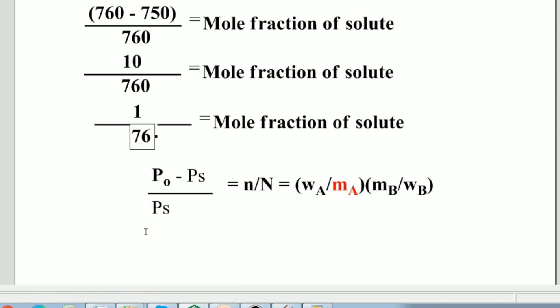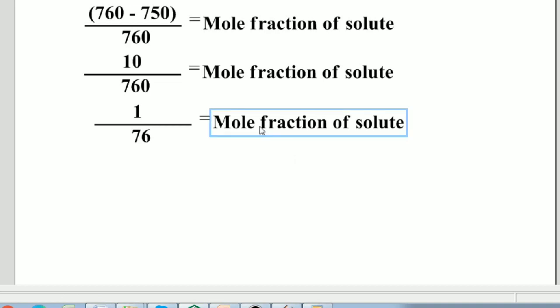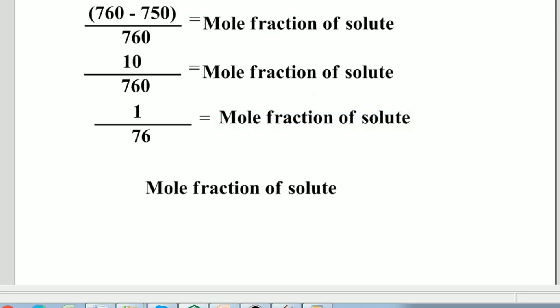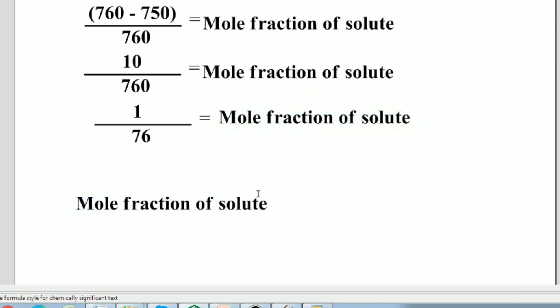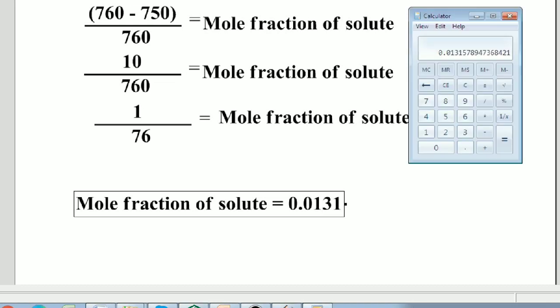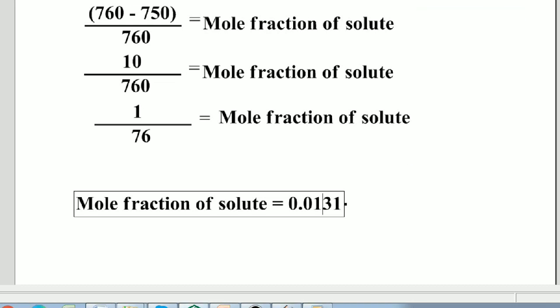Therefore we can write like this: the mole fraction of solute for the given problem is equal to 0.0131. 0.0131 is the mole fraction of solute.